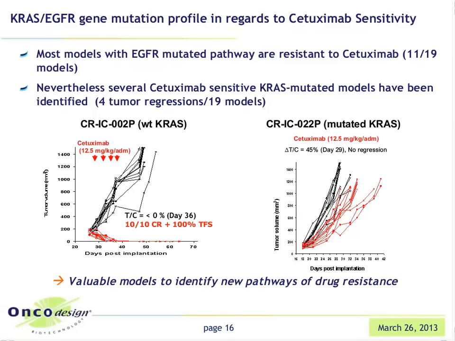The patient will be resistant to Cetuximab, and this is what we have in these models. In these 22, you have a mutation of KRAS, and the Cetuximab is not efficient at all. On the other hand, when the KRAS is wild type, the Cetuximab will give us a very good response with the full regression of the tumor.